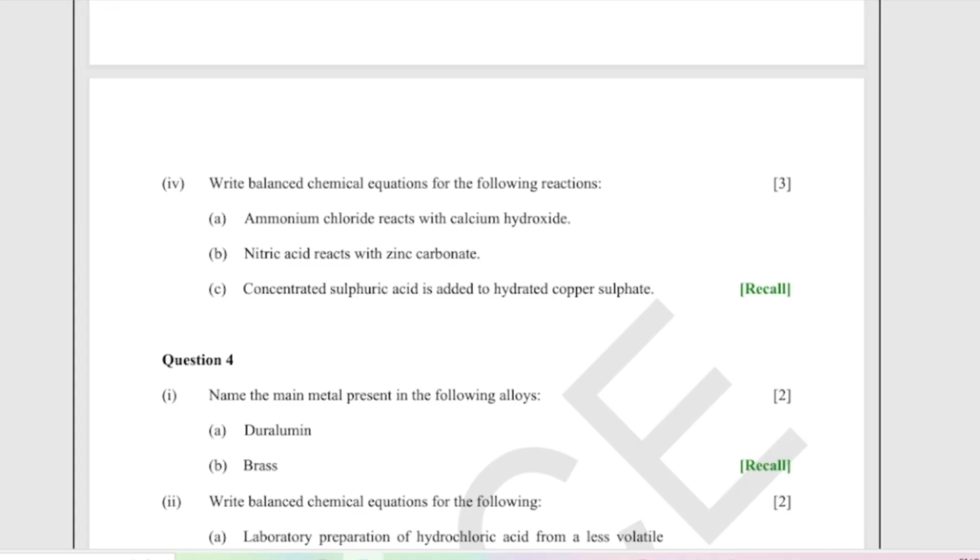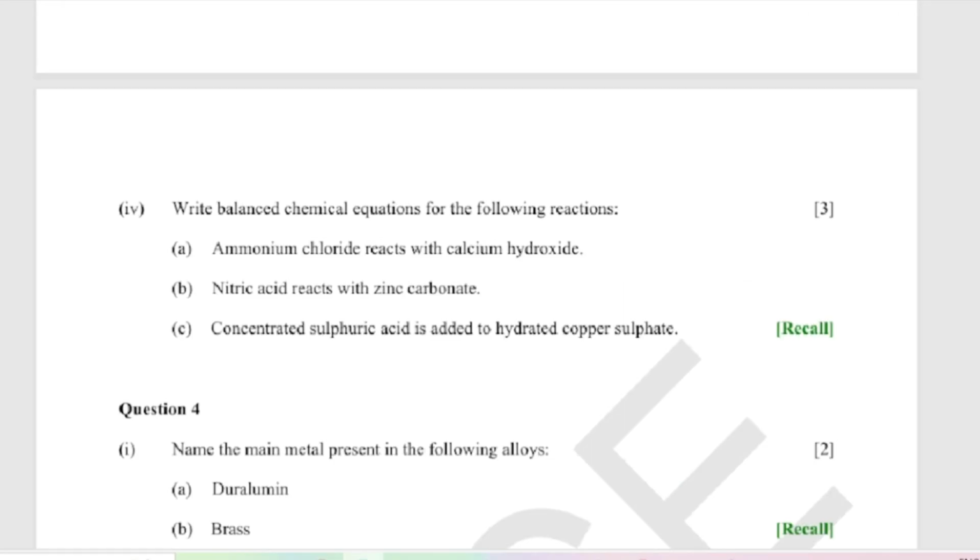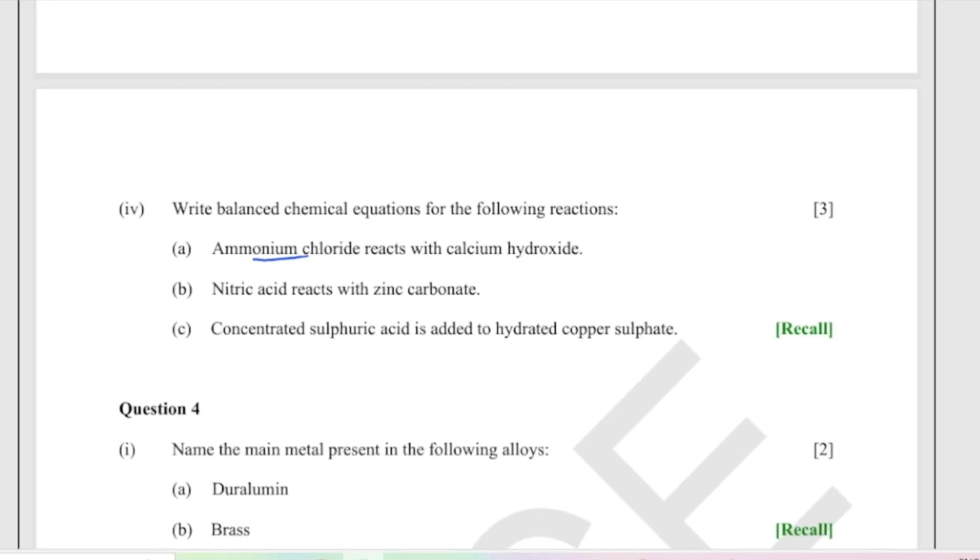Write balanced equations for the following reactions. The first one is the reaction between ammonium chloride and calcium hydroxide. So I am writing here ammonium chloride reacts with calcium hydroxide.